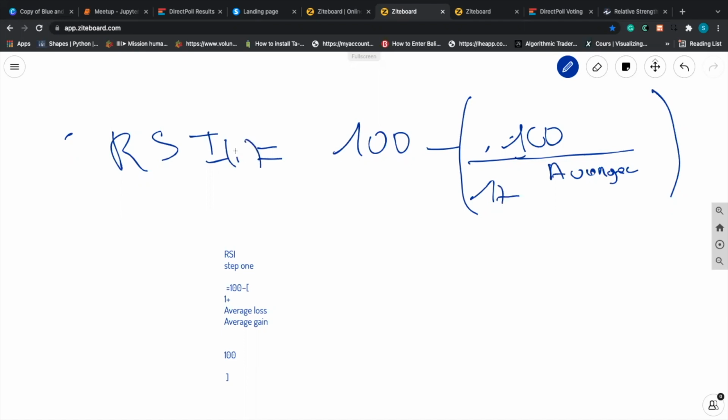Let's call it T, because that's over time. RSI of T, and let's say T equals 10 periods, which means that you are going to take the average gain over T periods and the average loss over a period of T.